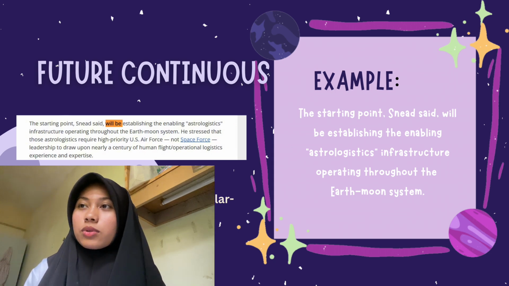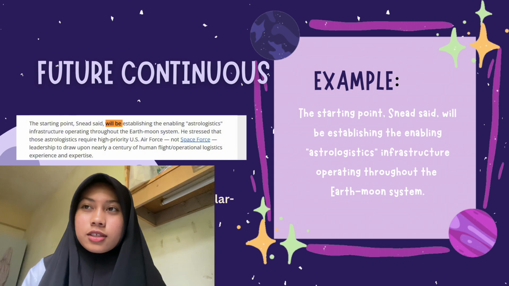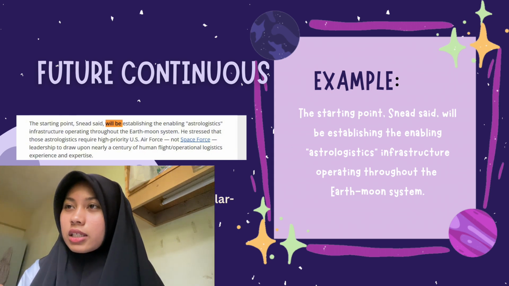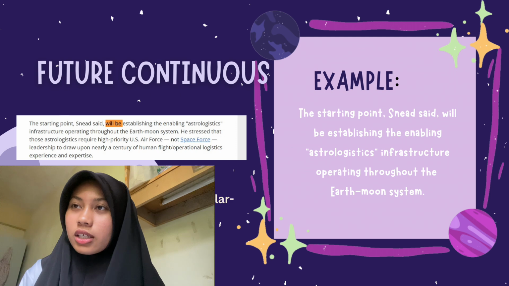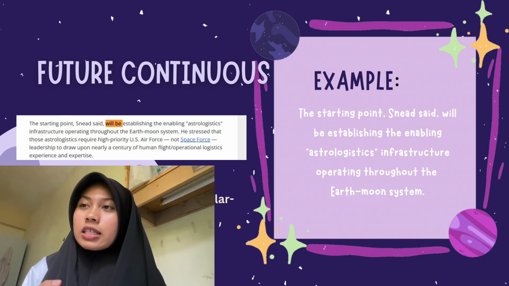As we know, the future continuous tense is used to describe an action that will be happening at a certain point in the future. So will be is the auxiliary verb that indicates the future tense, and establishing is the present participle.